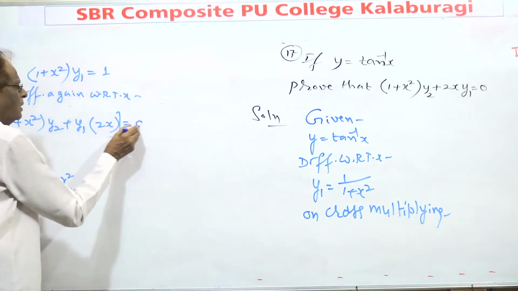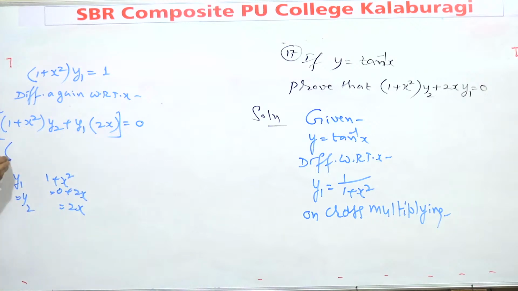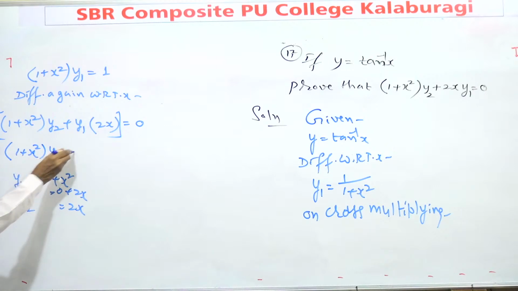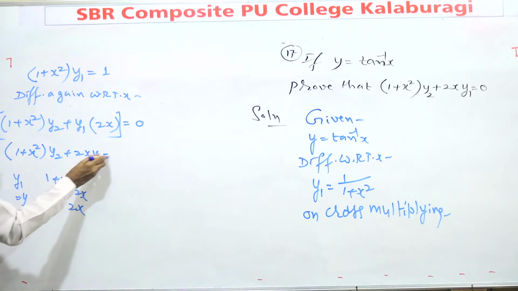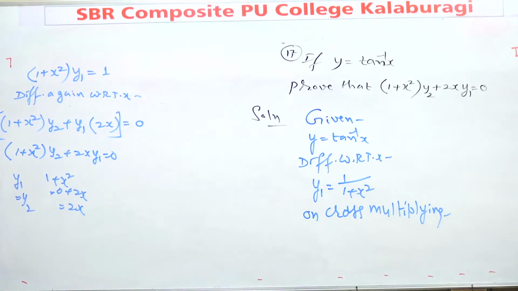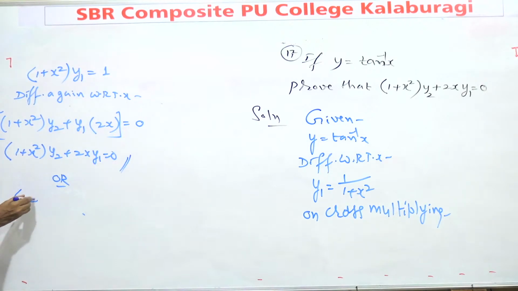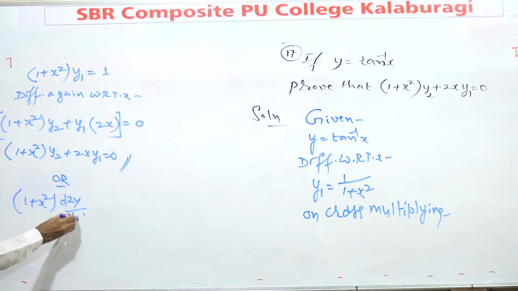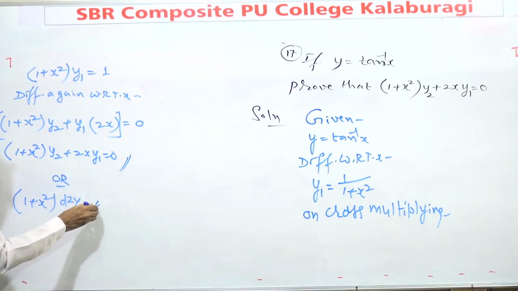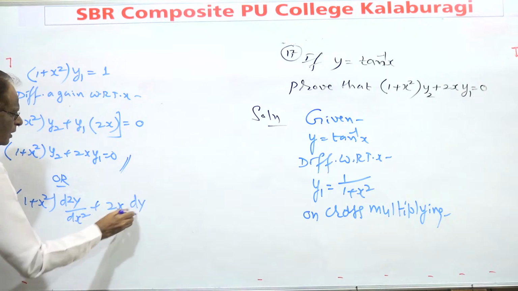One constant, differentiation 0. 1 plus x squared into y2 plus 2x y1 equal to 0. This is same as 1 plus x squared, y2 means second derivative, plus 2x, y1 means first derivative.